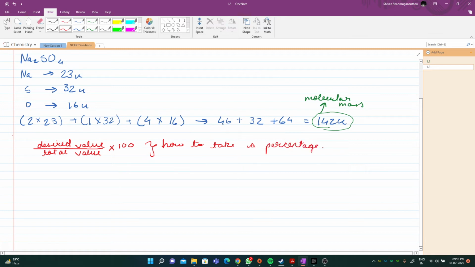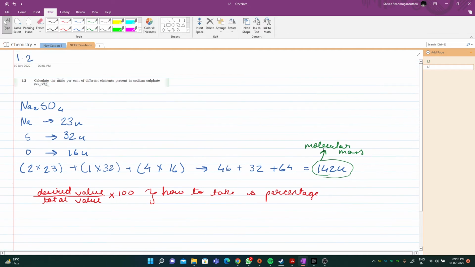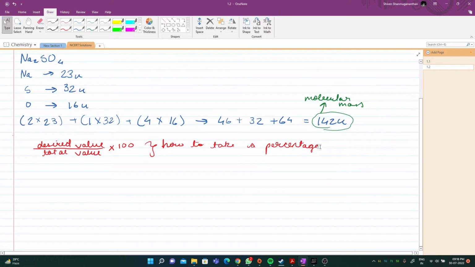Now with that out of the way, let's start. We have to find the mass percentage of each element. So let's start off with sodium here. Number 1, sodium. Now we have 23 U of sodium, but in the compound we have two atoms.